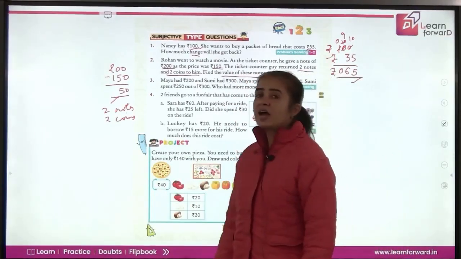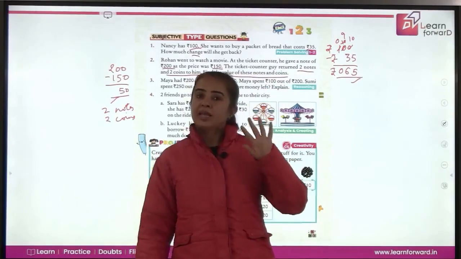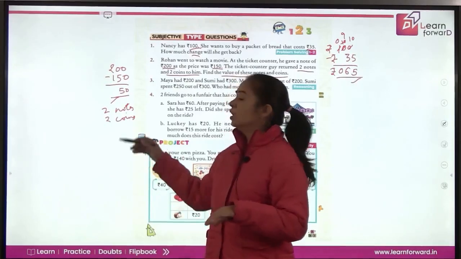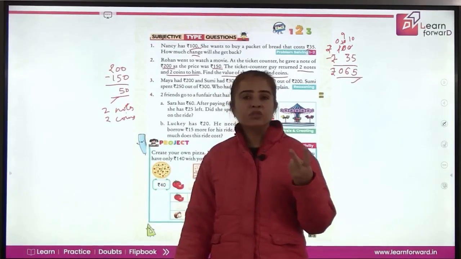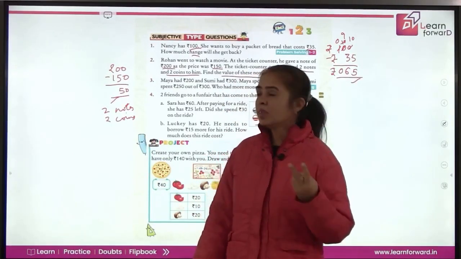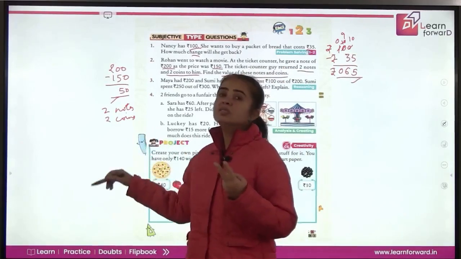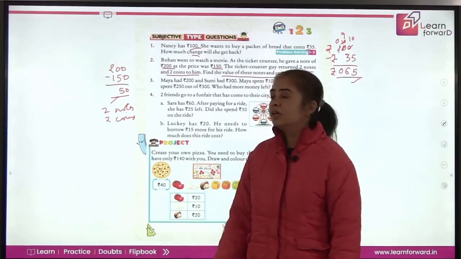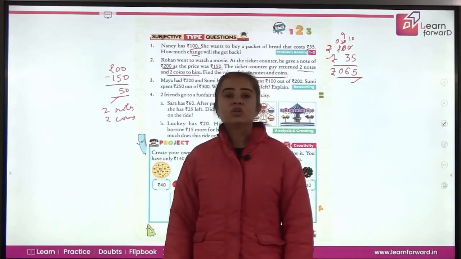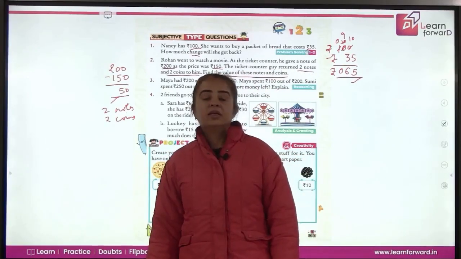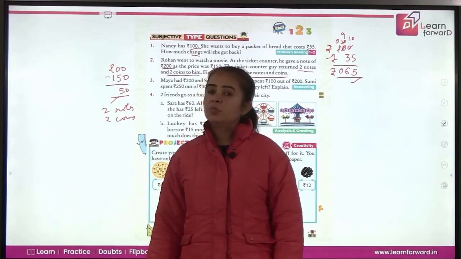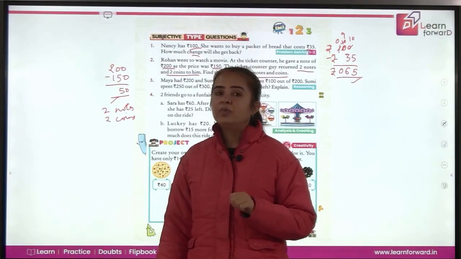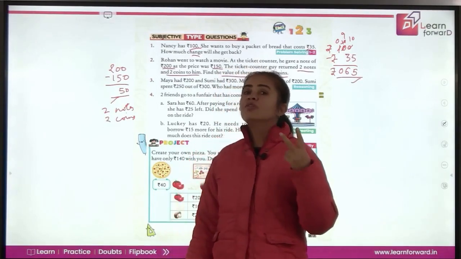So coins are of 5 rupees, 10 rupees and 20 rupees. Out of this, do you think he can have 2 coins of 10 rupees? If you have 2 coins of 10 rupees, then 30 rupees cannot be divided equally, right? So can he have 2 coins of 20 rupees? If he has 2 coins of 20 rupees, that means 40 rupees. And how will he get back 10 rupees? As 2 notes of 5 rupees.